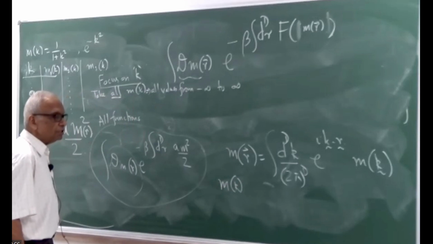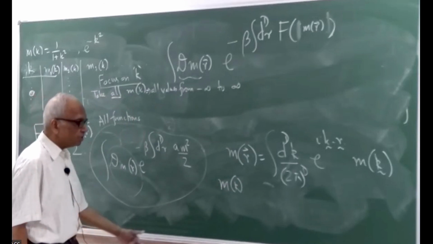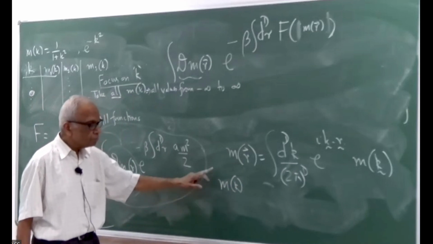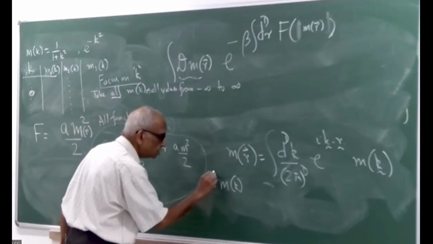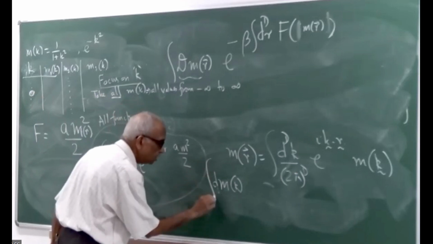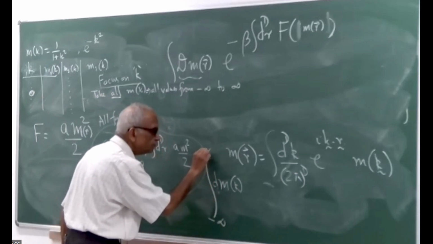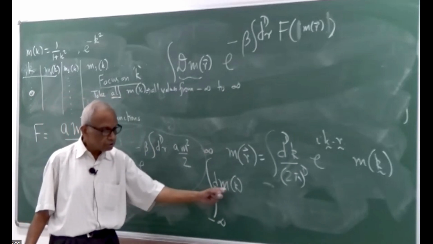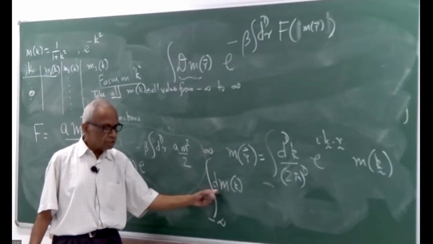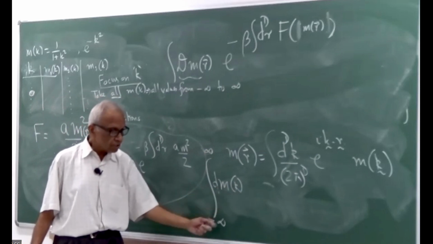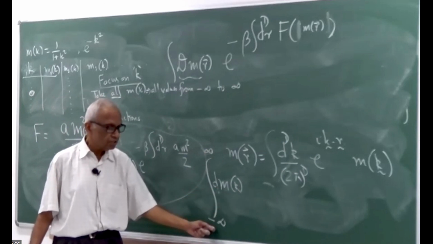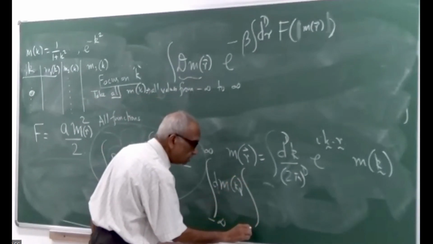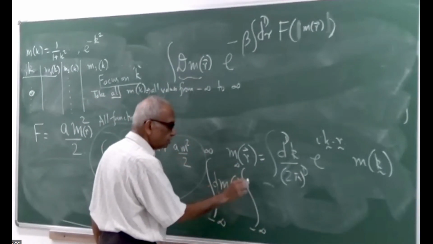So for every k, there is this dm of k going from minus infinity to plus infinity. So dm of k for a particular k, going from minus infinity to plus infinity, and then for k2, another dm of k2 from minus infinity to plus infinity.